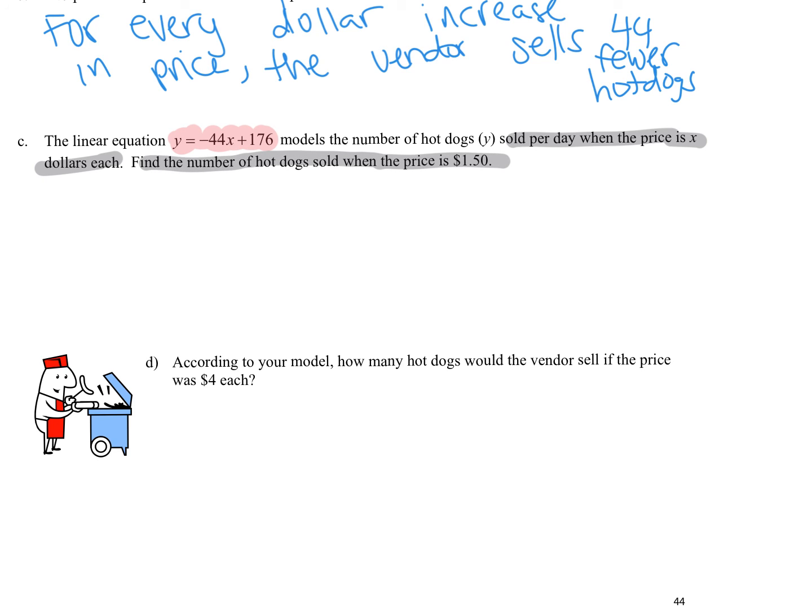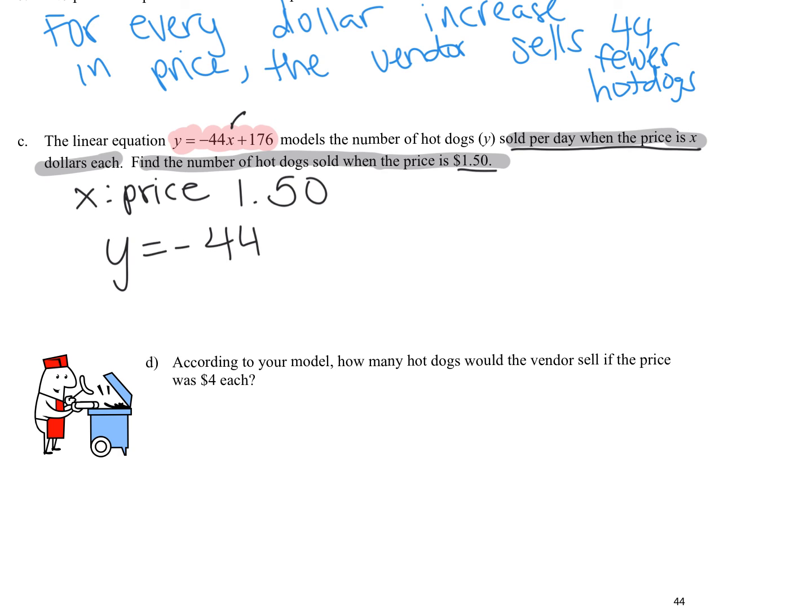So y represents the number of hot dogs sold per day, and x is our price, in this case $1.50. We replace x with 1.50, so it's negative 44 times 1.50 plus 176.